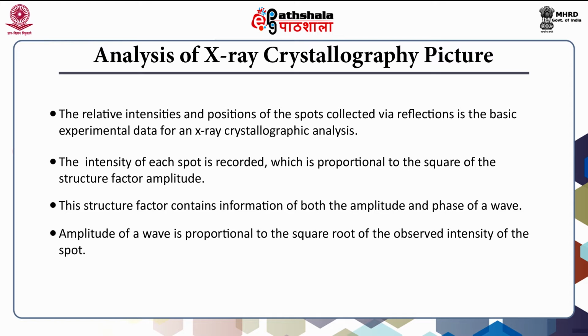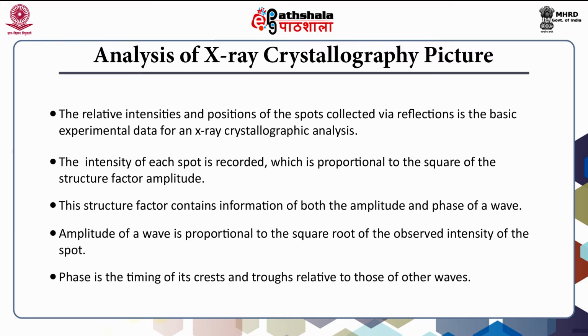The second thing we need is that each wave also has a phase. We discussed phase in the previous slide: when the crests of the waves from several atoms match together, those are in phase, and if the crests and troughs cancel each other, they are not in phase. That also can be calculated here.